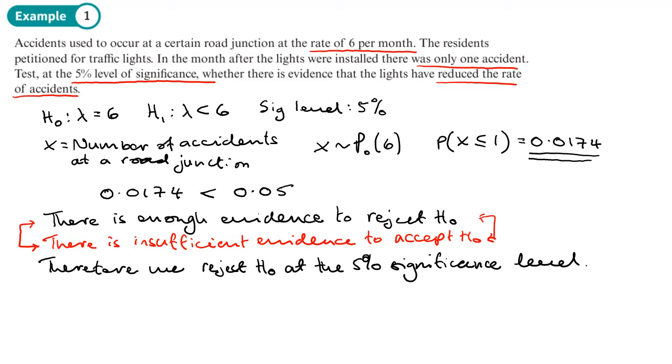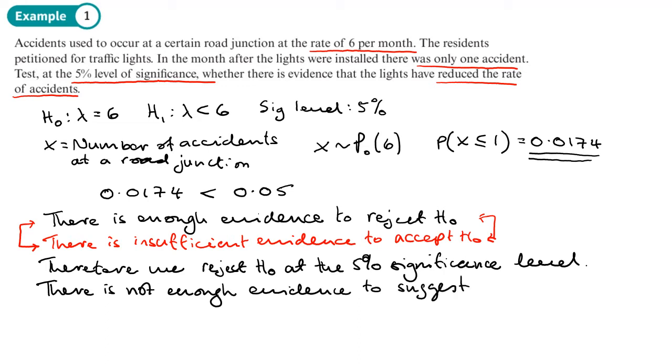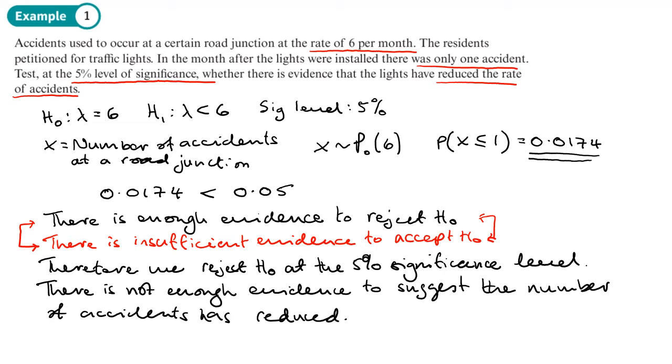And then a sentence in context, something like, there is enough evidence to suggest the number of accidents has reduced. Or you could say something like, there is enough evidence that the set of traffic lights has reduced the rate of accidents.